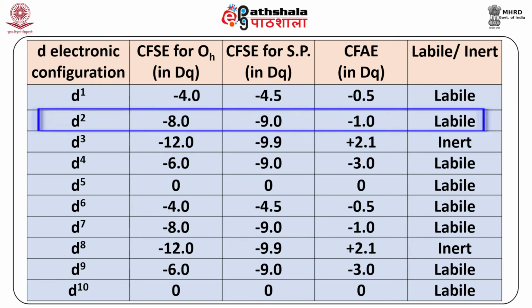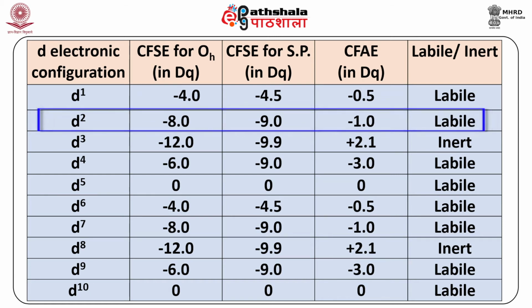While in case of a square pyramidal shape, the crystal field stabilization energy would be 2 into minus 4.5 Dq plus 0 into minus 0.9 Dq plus 0 into plus 0.9 Dq plus 0 into plus 9 Dq. The value would become minus 9 Dq.